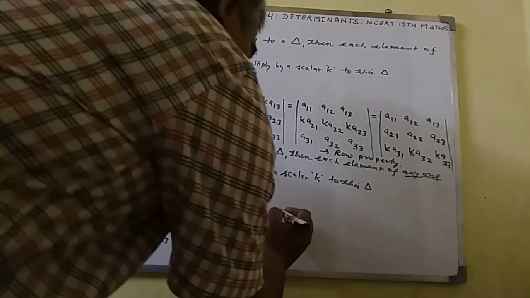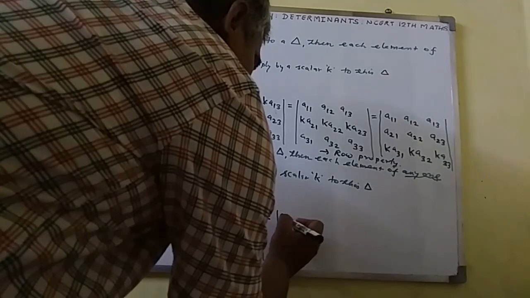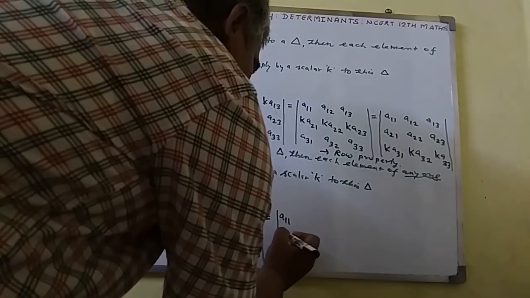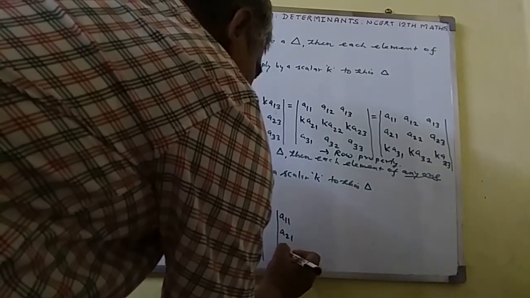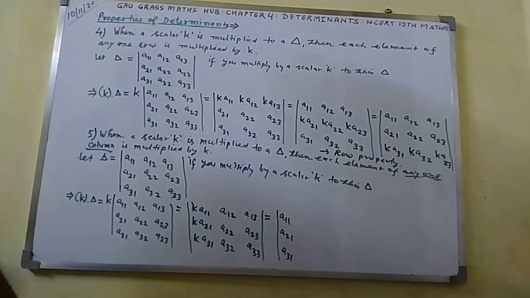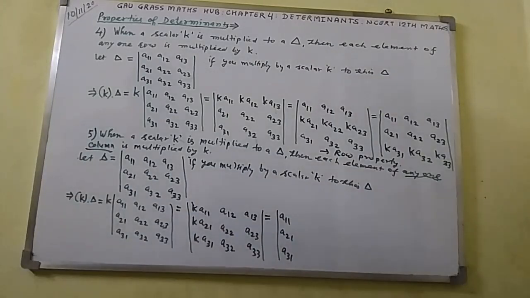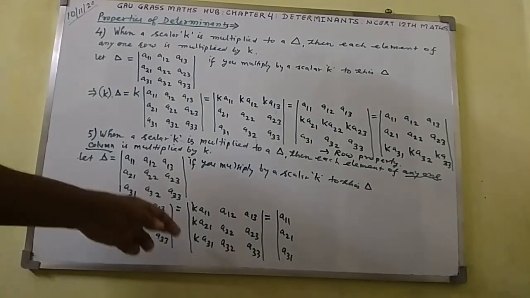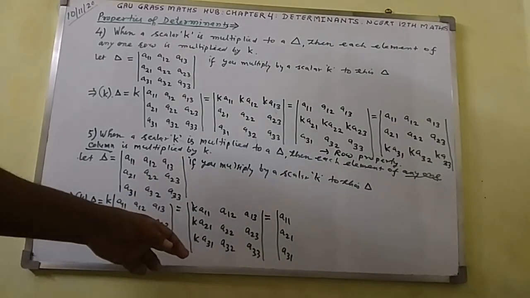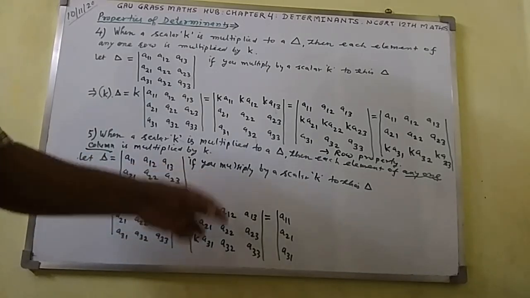So here it will become a11, a21, a31. And the scalar k will multiply to each element of the second column here.